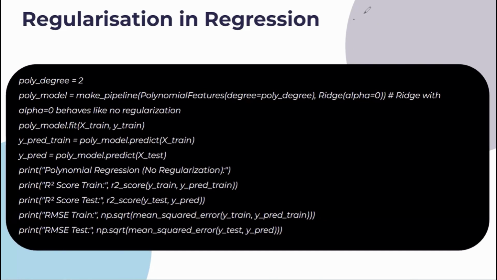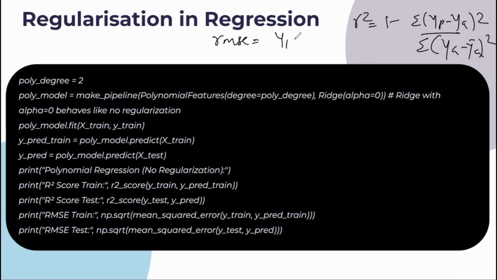When I say R square, it is 1 minus the summation of Y predict minus Y actual, the whole square, divided by the summation of Y actual minus Y average, the whole square. When I say root mean squared error, it is nothing else but Y predict minus Y actual, the whole square, summation of that, divided by the total number of observations, under root of that.